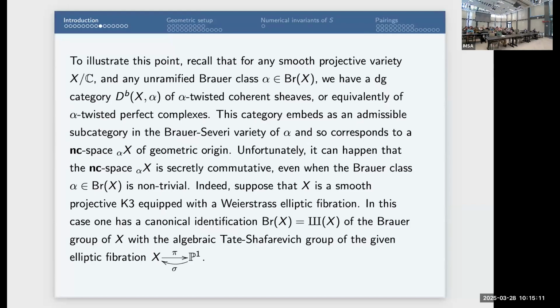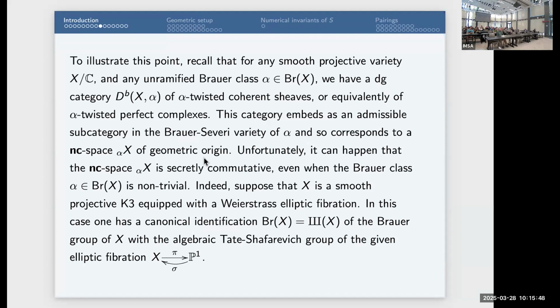If you prefer to think of this in terms of Azumaya algebras, the Brauer class alpha corresponds to some Azumaya algebra A over X, and this is the derived category of A-modules. Then this category embeds in the derived category of the Severi-Brauer variety of alpha, which is a projective space bundle over X. So it corresponds to a non-commutative space, let's call it alpha X, putting the alpha on the left.